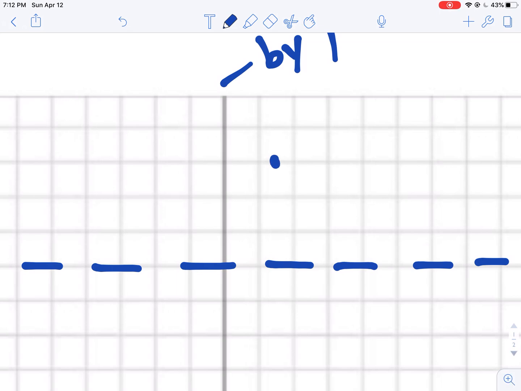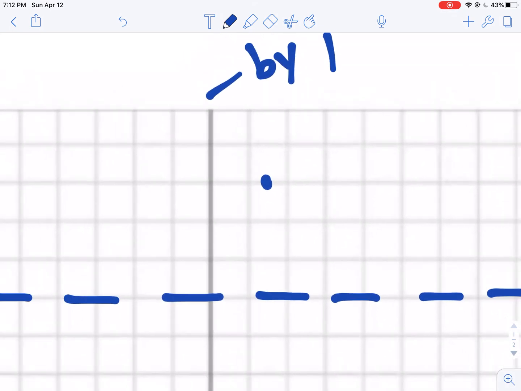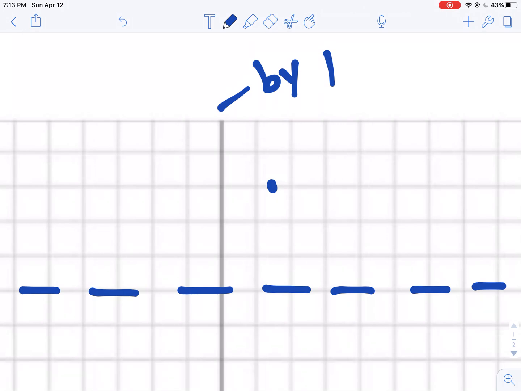I'm going to say that that is about 0.64 radians right there. And then I know that it has to end at 2.64. Based off how I scale this graph, that is going to end up roughly about there.